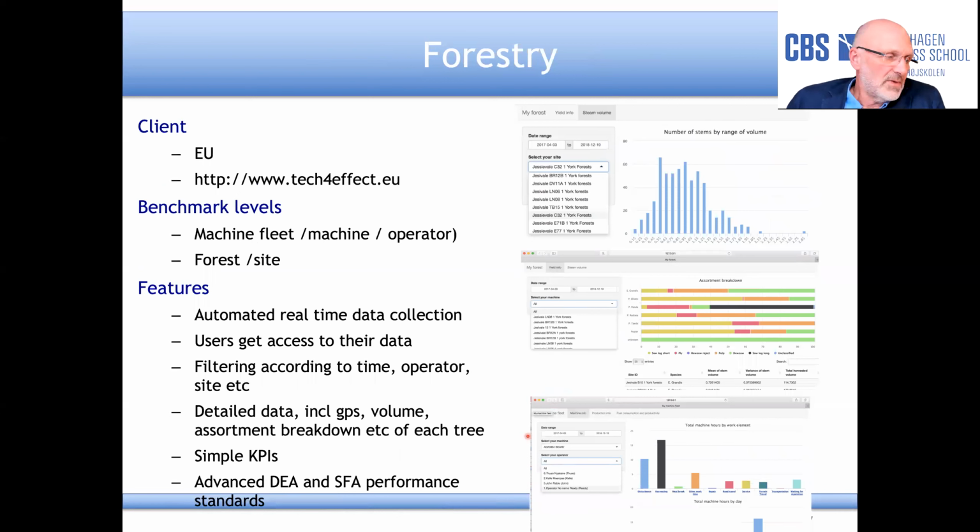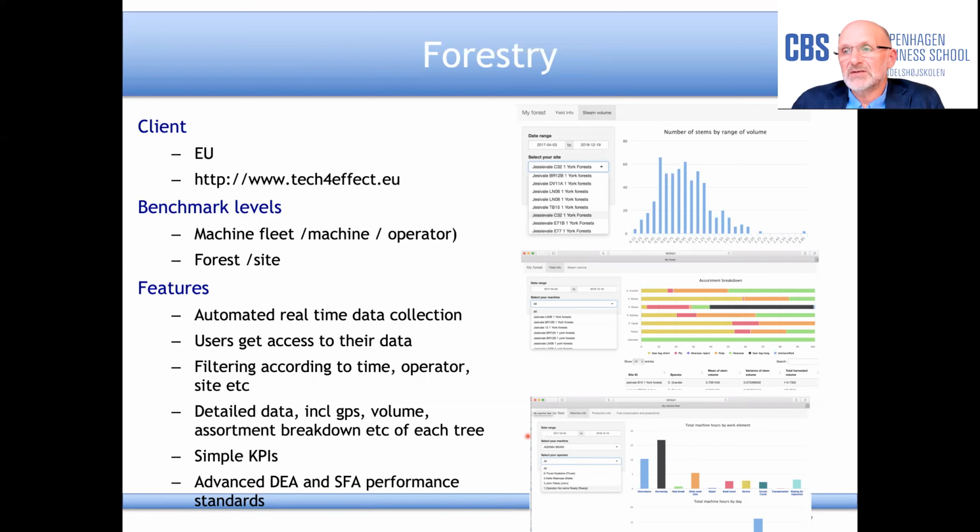Let me finally mention a project on forestry that we're still doing. We're about to finish. It's an EU-funded project. Here we want to benchmark forestry operations. You have harvesters driving around in the forest, cutting down a lot of trees, and machines removing the trees from the forest.